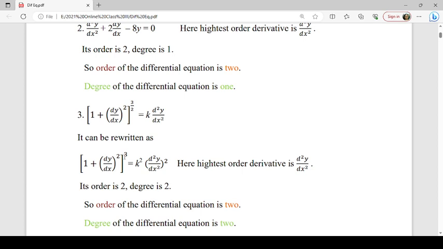Though it has power 6, this whole square, if we expand it, we have this whole to the power 6, 3 into 2 is 6. But on the right hand side this is d2y/dx2. It is second order, higher than this, and its degree is 2. That is why the order of the differential equation is 2 and the degree is also 2.